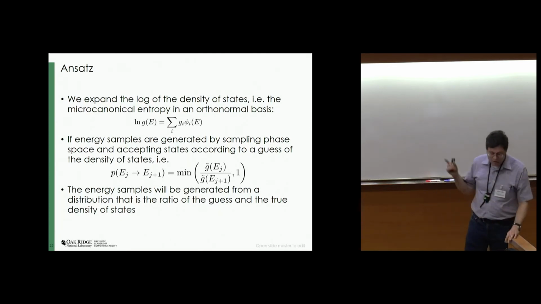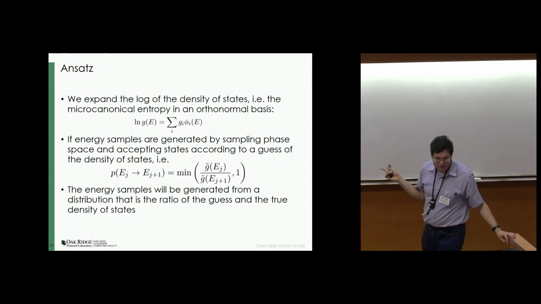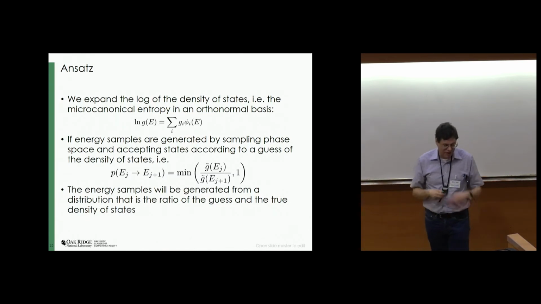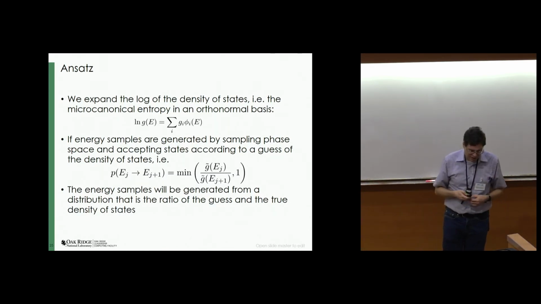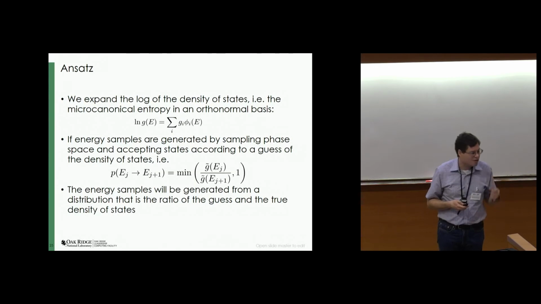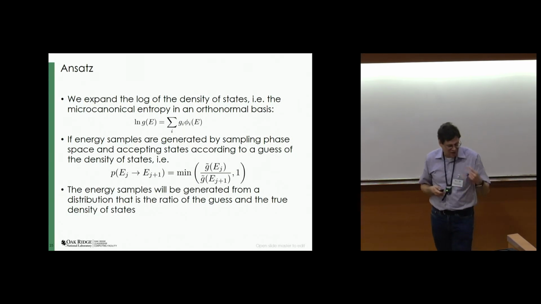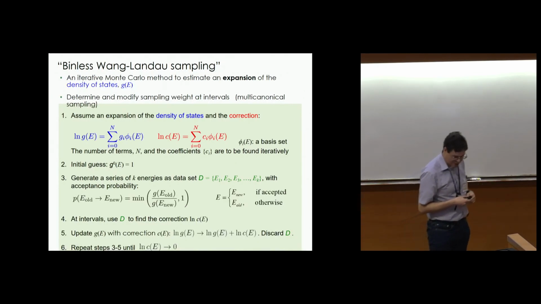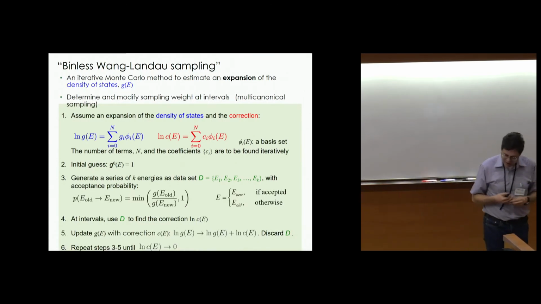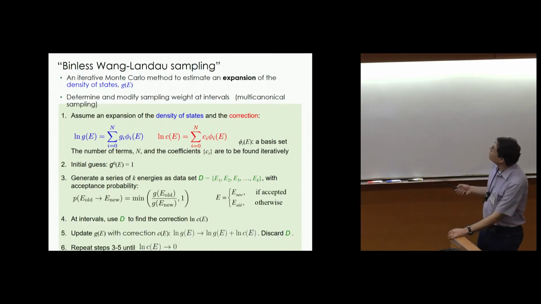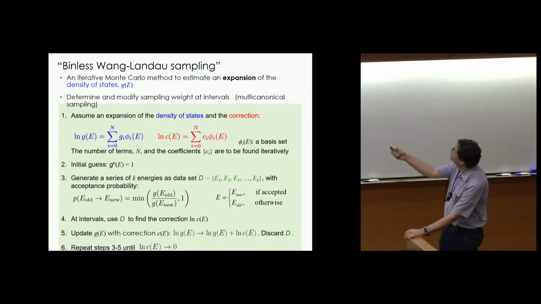But we're not going to directly update the G right now. We just collect them and see if we can use this knowledge to find a correction to our initial guess of the DOS to get an improved version. So that's what we're doing.